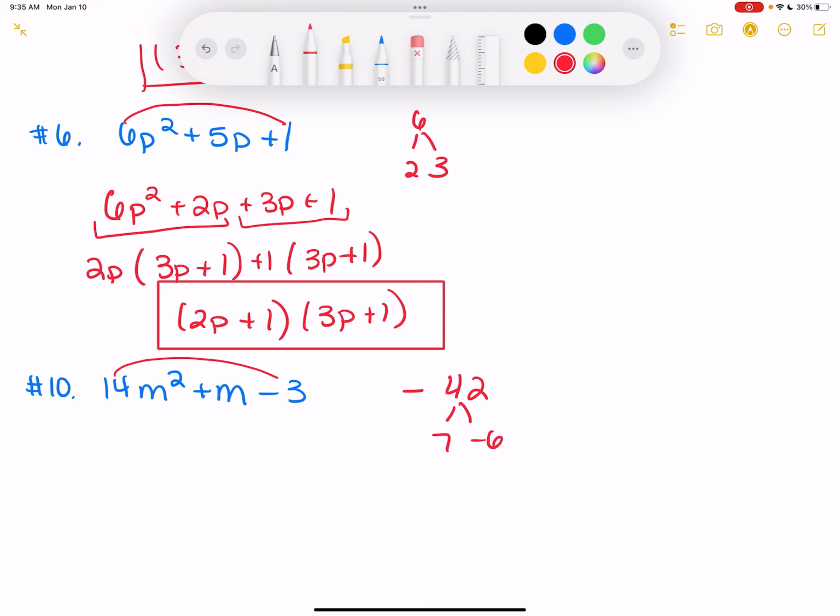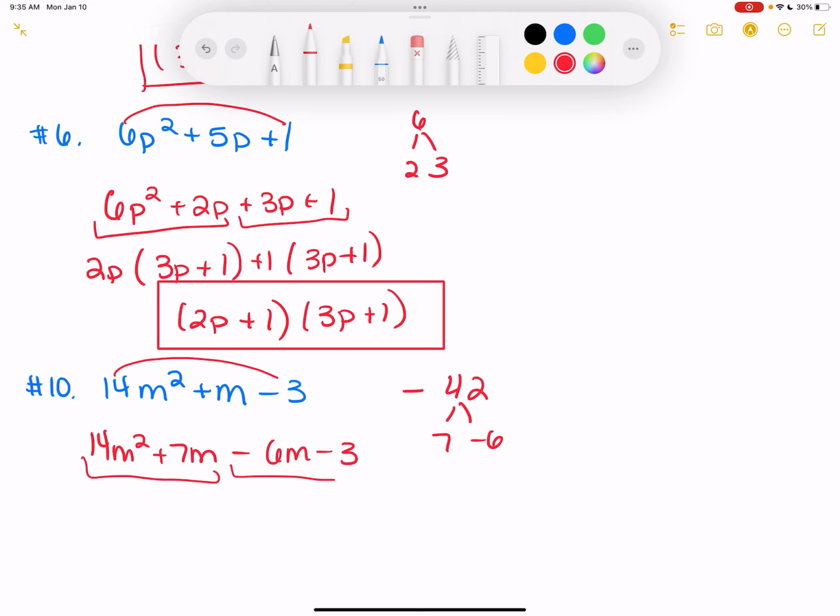See with this one, does it technically matter which number goes where? No, but it makes the most sense to put 7 and 14 together and 3 and 6 together. It gives you things that are less weird, I guess. So 14m squared plus 7m minus 6m minus 3.